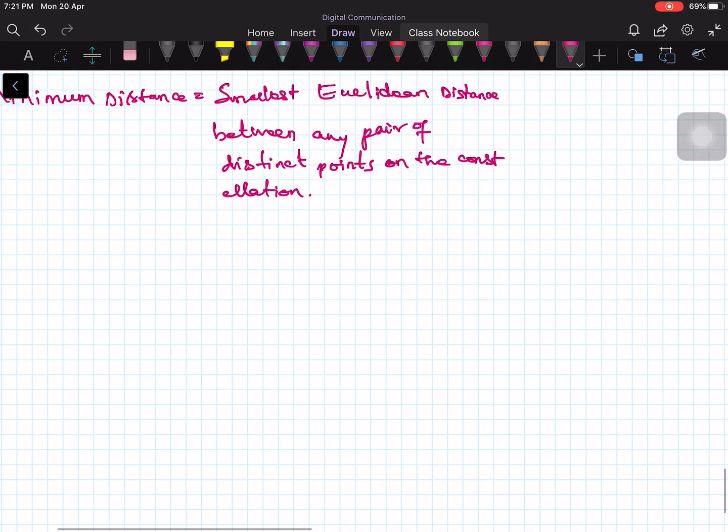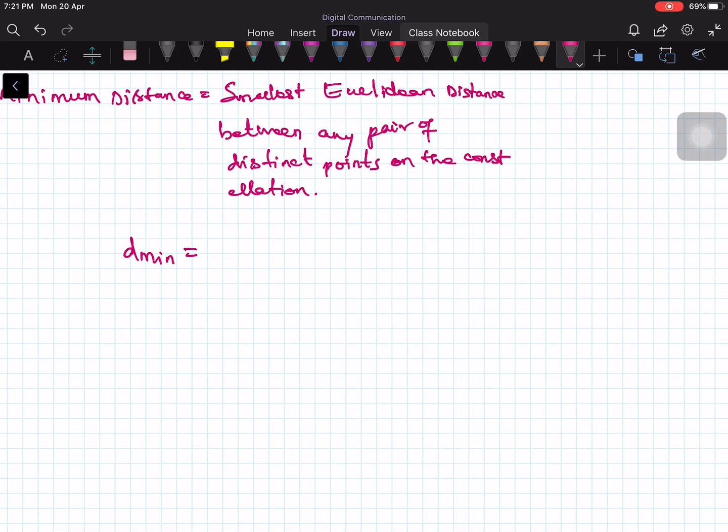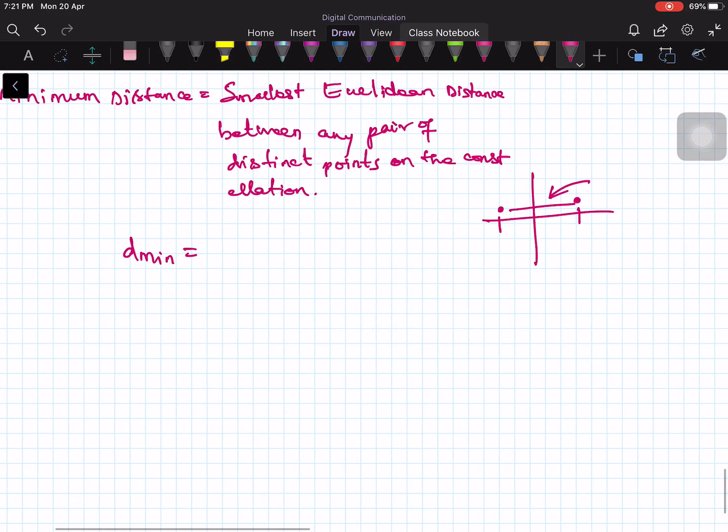So your d min is equal to the minimum distance. Now, how do you find the minimum distance? Let's say this is one point and this is one point. You find the difference of these 2 points. How do you find the difference? Let me take another figure.